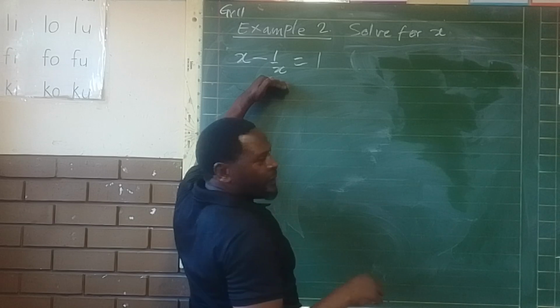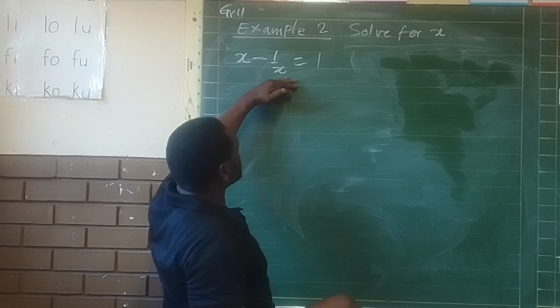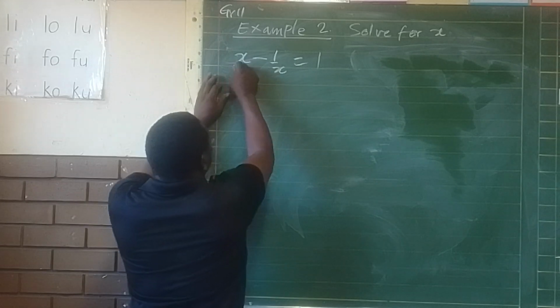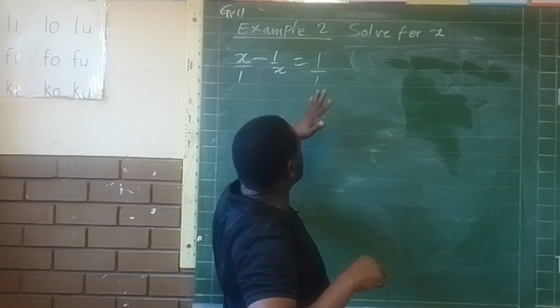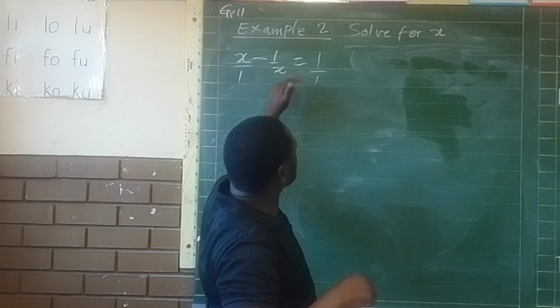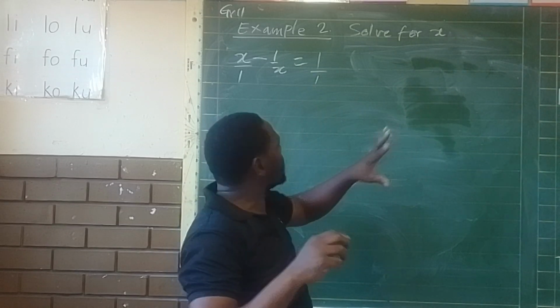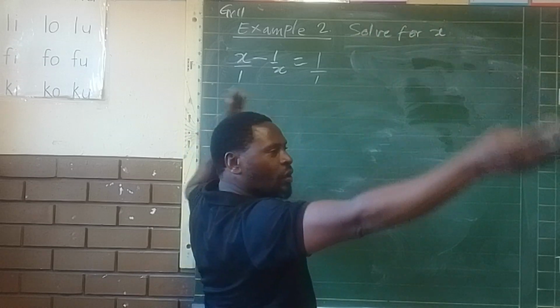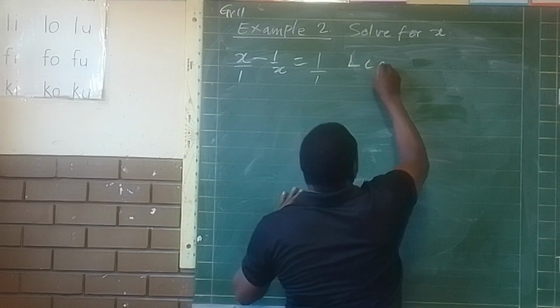The LCD is going to apply here because why? We've got 1, 1. We cannot cross multiply because we have 2 terms on the left hand side and the right hand side. So we're going straight for LCD.